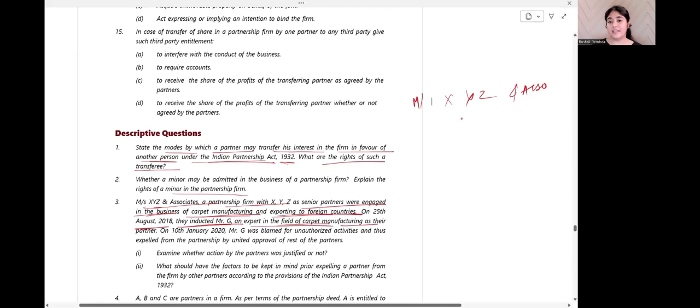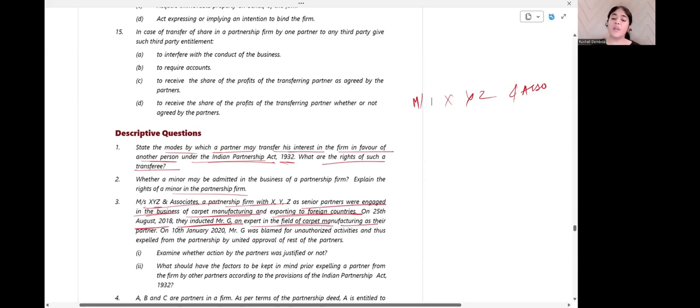X, Y, and Z, as senior partners, were engaged in the business of carpet manufacturing. What business are they doing? Carpet manufacturing. Now, whom have they introduced as their partner? Mr. G, an expert in the field of carpet manufacturing. He has been taken as a partner.